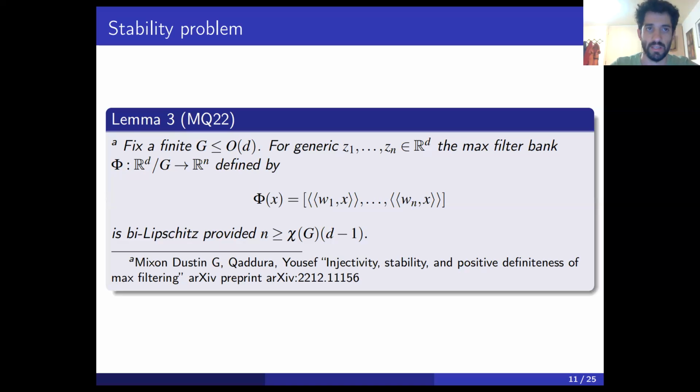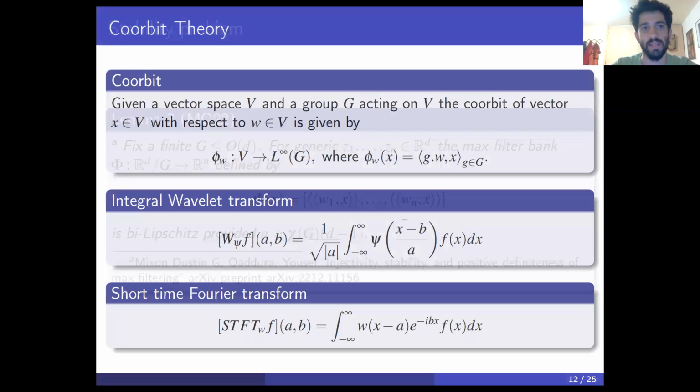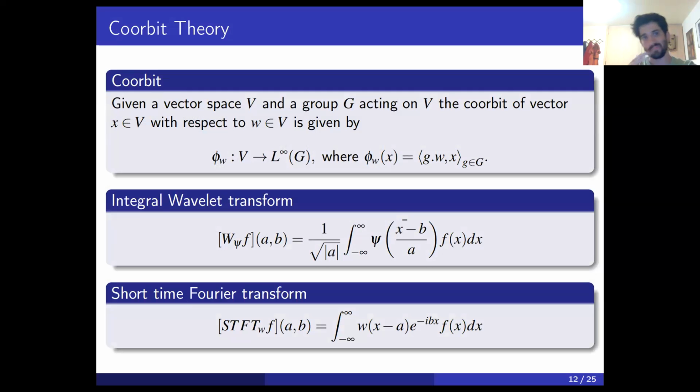Before we state our result, let's first talk a little about the Coorbit. When we have a vector space V and a group G acting on V, the orbit of an element X of V is just all the possible vectors G of X. So the Coorbit is something very similar, but we don't have just the Coorbit of a vector X. We have a Coorbit of the vector X with respect to another vector.